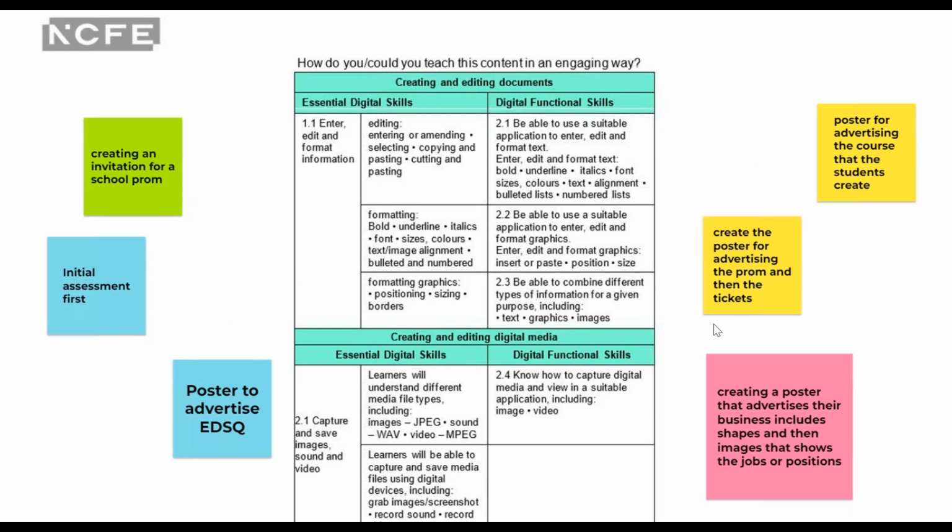So a good range of ideas, but for the most part, it was discussed that explicit teaching, showing learners what they need to do before setting them tasks, is a good idea.